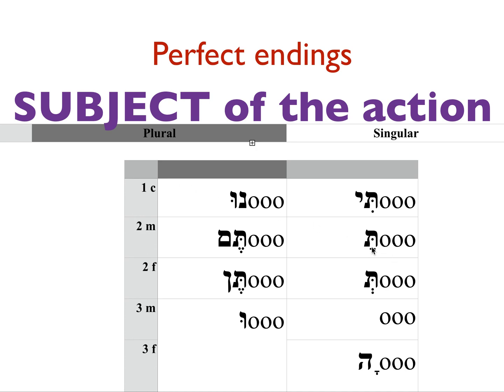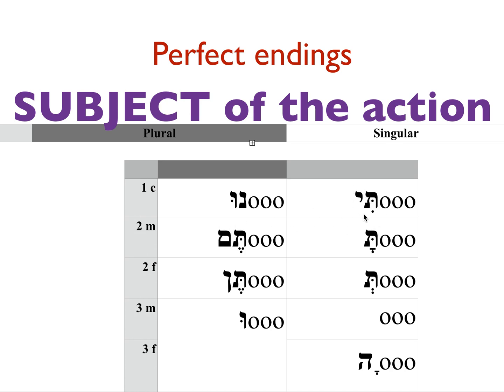The ta is just a change from the kaf, which was the pronominal suffix. So you had cha, ch, chem, chen as the suffixes. Now you have ta, t, tem, ten. That's identical. Again, you just change the kaf to tav and you have the perfect endings, second person.